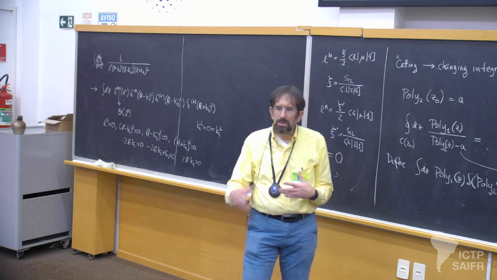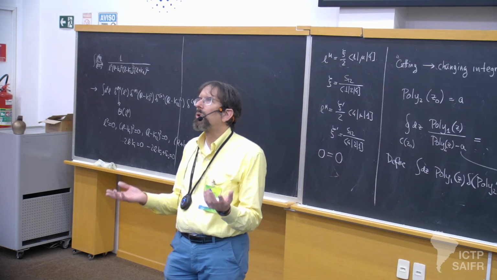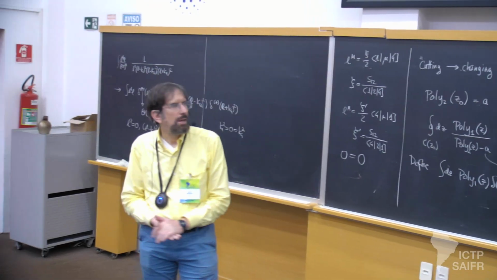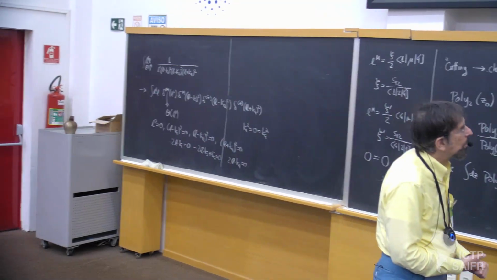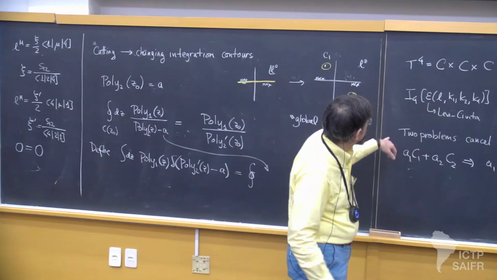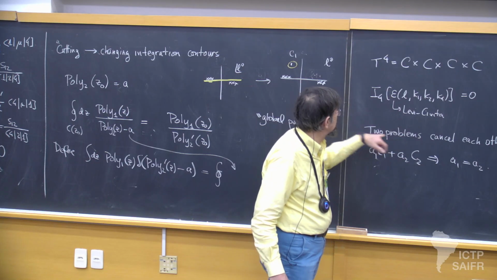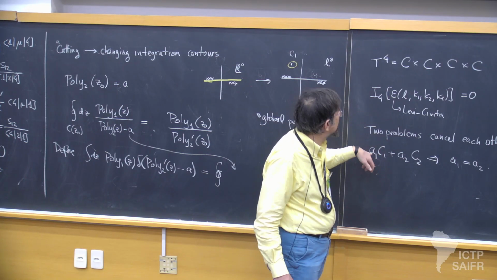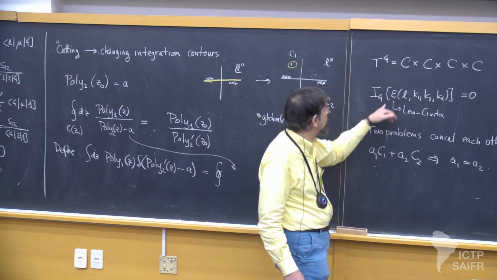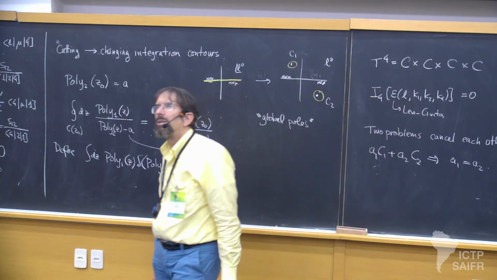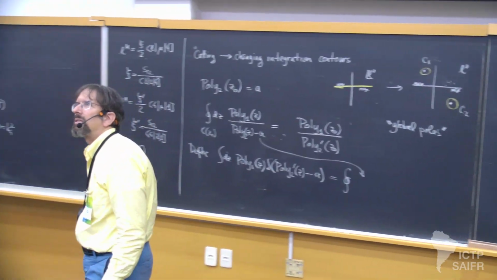And that's the technique which has been worked out at higher loops. So it's not that the problem cancels itself, the problems cancel each other out. You have to take into account the analog of that statement at higher loops.